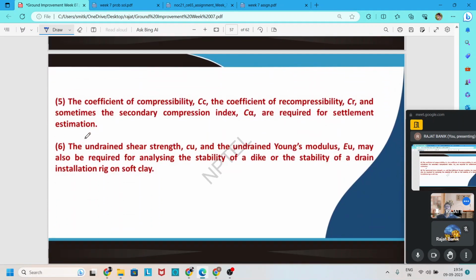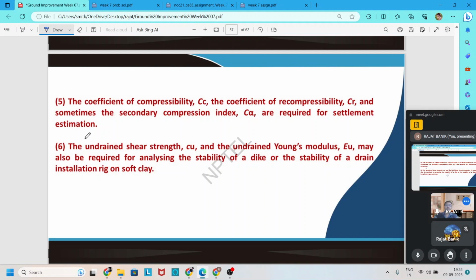After that, we also need to find out the compression index, that is Cc, also find out the recompression index, Cr, and sometimes also find out the secondary compression index, this is C alpha, regarding the estimation of the settlement. And then we need to find out the undrained shear strength, that means whether the soil can take the loads or not after the improvement.